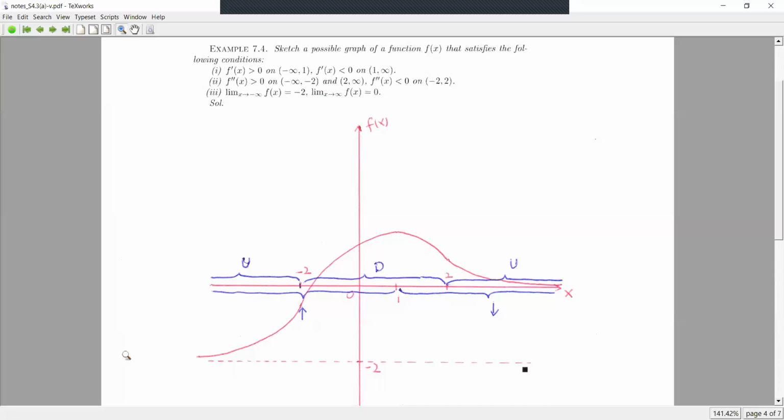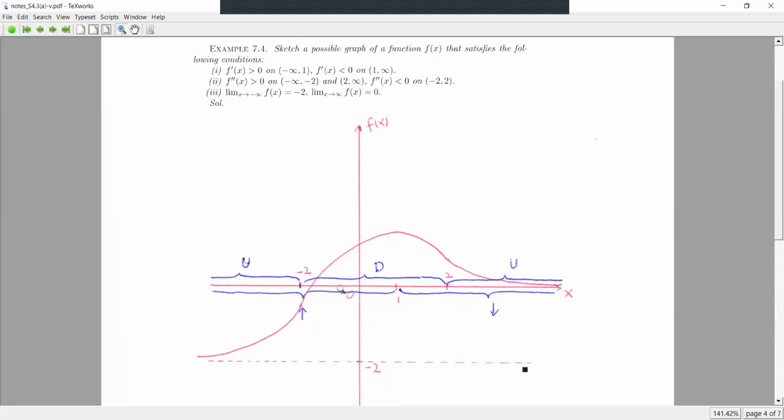So when x approaches negative infinity, the graph should be closer and closer to this horizontal line, concave up and increasing. So the graph looks like this, concave up and increasing. Now, second piece.